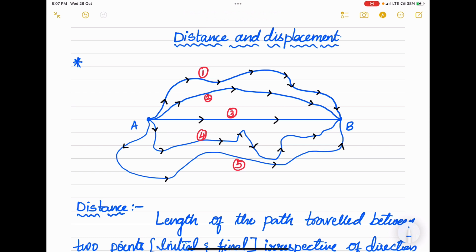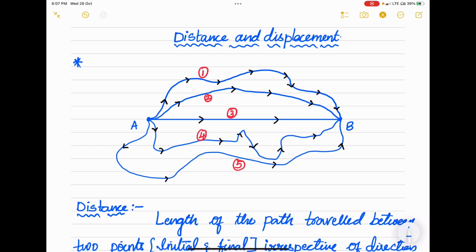You can ask me, sir, what about the length of path 3? See, the length of path 3 is also a distance, but this distance is in a particular direction. That's why I didn't mention anything about path 3 over here. We will do it in the coming example next. So path 3 you just keep aside for the time being.